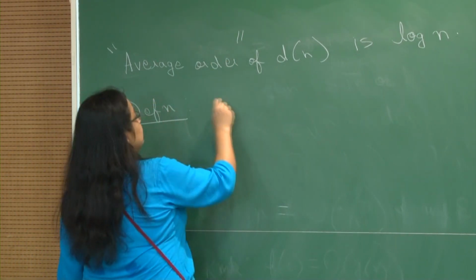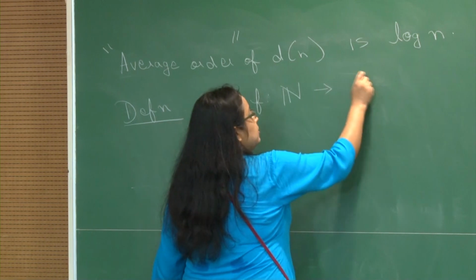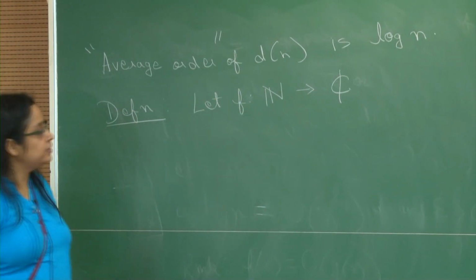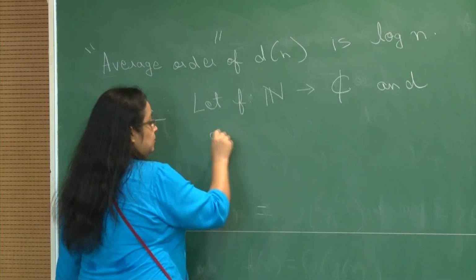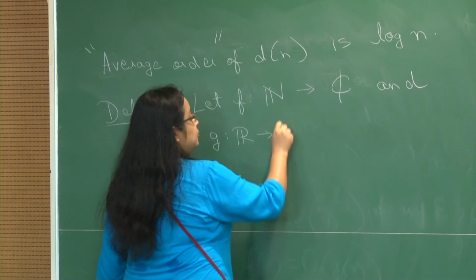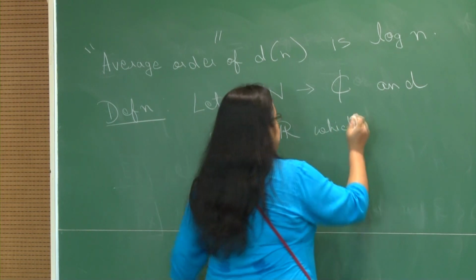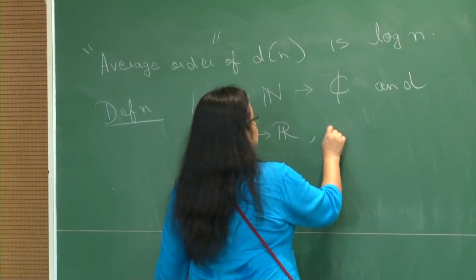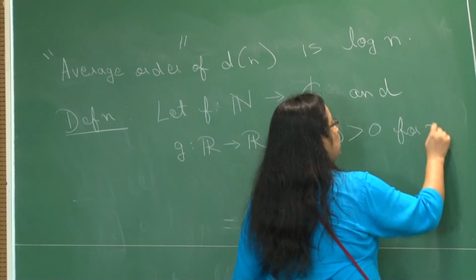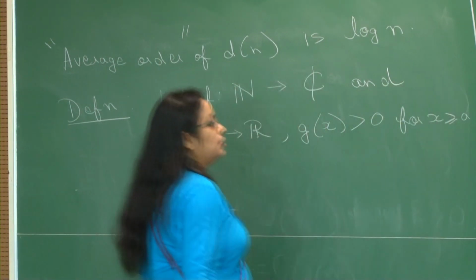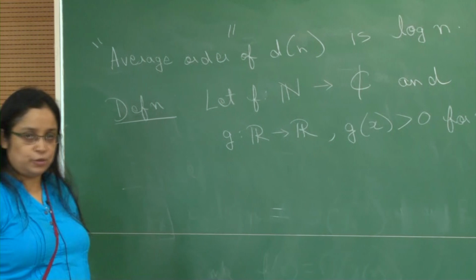In particular, let f be an arithmetic function which could possibly take complex values, and g be a real valued function which is positive for, at some point this function just becomes positive and remains positive.